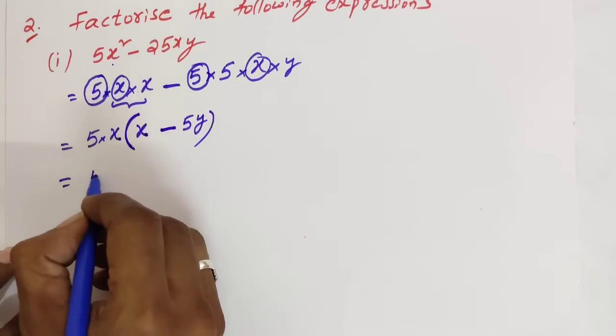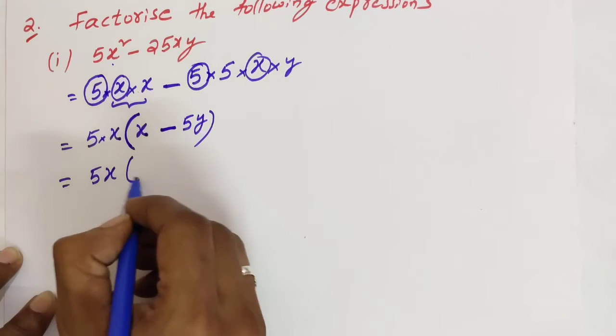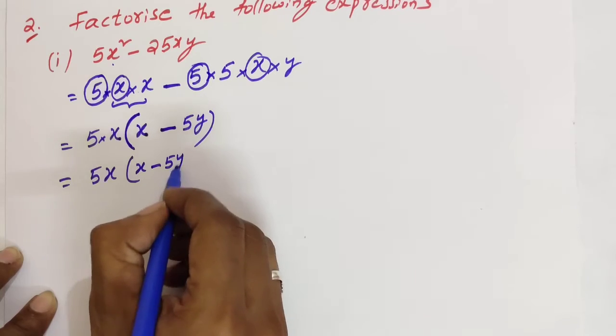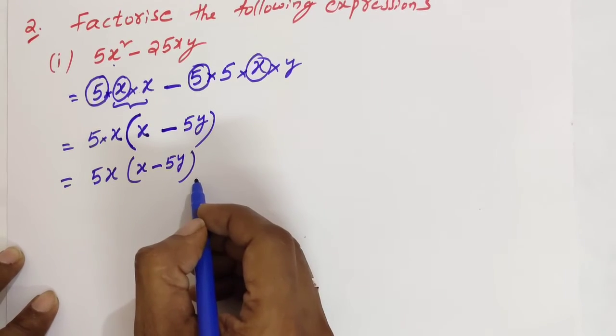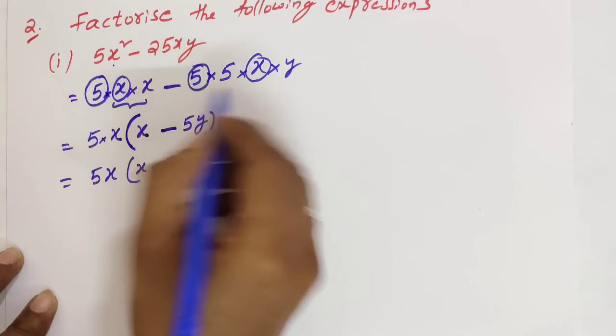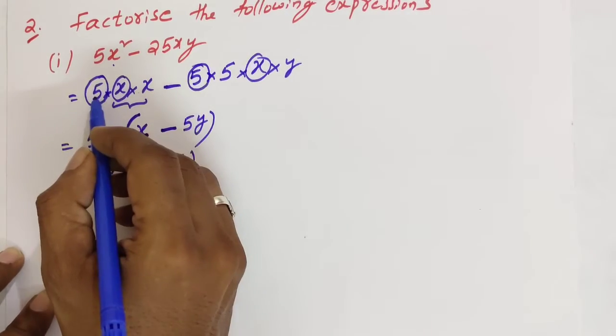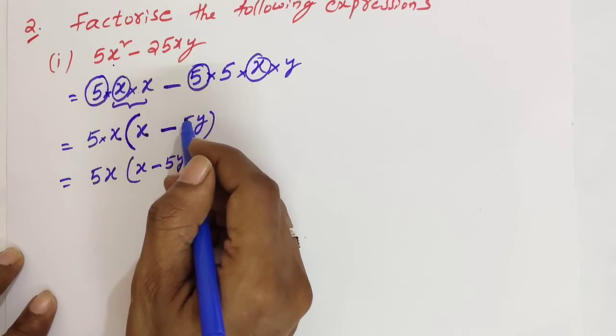So this expression can be factorized as 5x into (x minus 5y). So this is the method of common terms. Why? Because here in each term we have 5x as a common term.